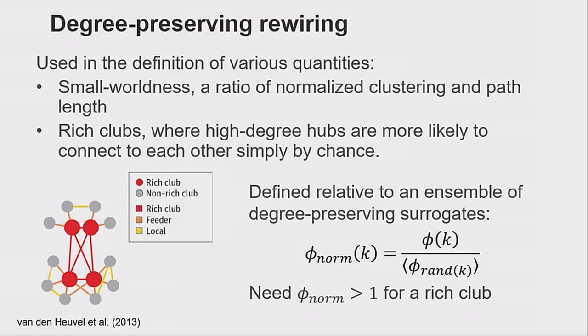When the rich club coefficient was first introduced, the first definition didn't do that, and random networks would have a special rich club formation, which doesn't capture what you mean by having these nodes preferentially connect to each other. So it's a good example of how degree-preserving surrogates are not just a method in and of themselves; they become subsumed into the definitions of other metrics that we use.